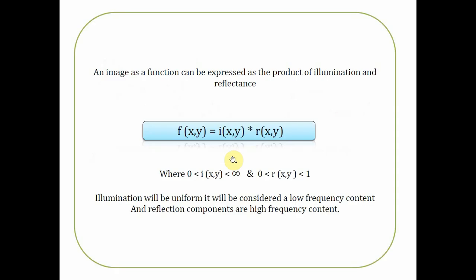So we can express our image f(x,y) as the product of illumination and reflectance. We can say f(x,y) is equivalent to I(x,y), the incident component, multiplied by R(x,y), the reflectance component.